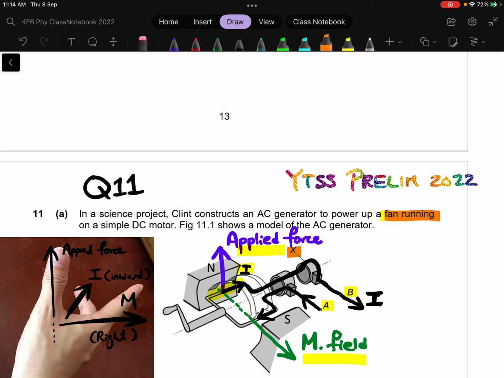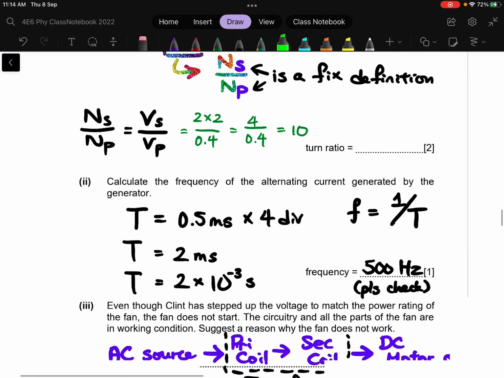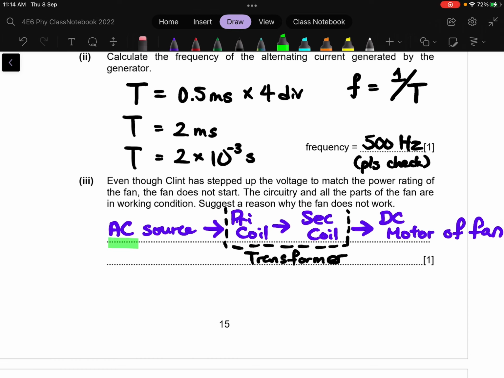A fan is actually operated by a simple DC circuit. So even if you connect an AC generator to a step-up transformer and connect it to a fan, the AC source, after you run it through the transformer, is still going to give you an alternating current. And if you have an alternating current, you cannot turn a DC motor.